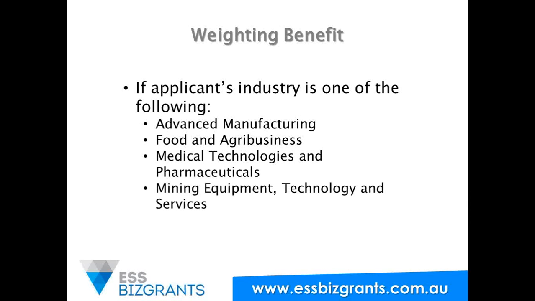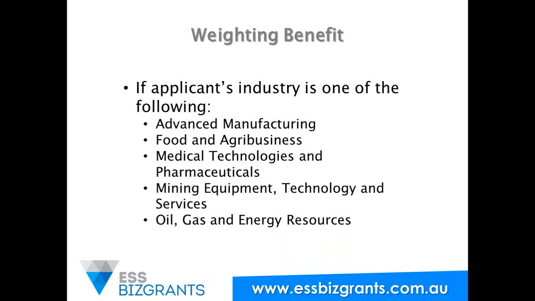Is the applicant's business going to be involved in one of those? The next one after that is mining equipment, technology and services, and the next one is oil, gas and energy resources.